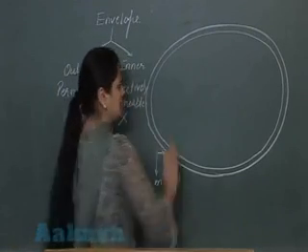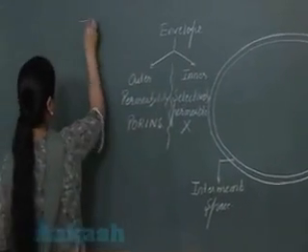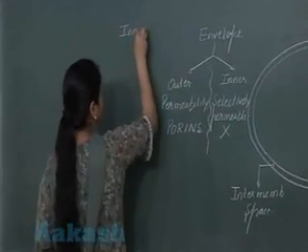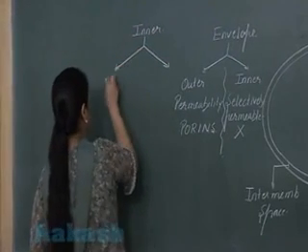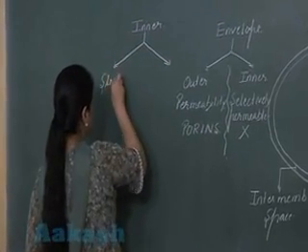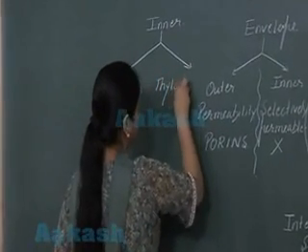So you're getting this? This inner part is divided into two portions, that is stroma and thylakoid.